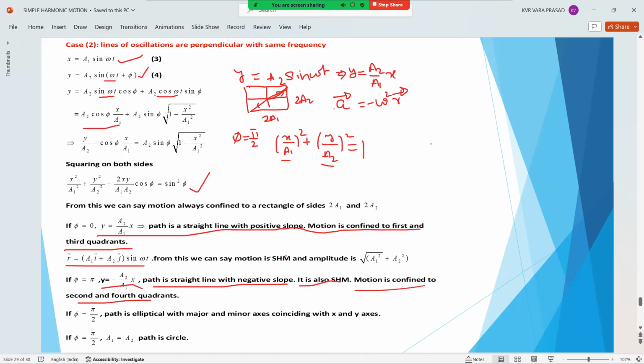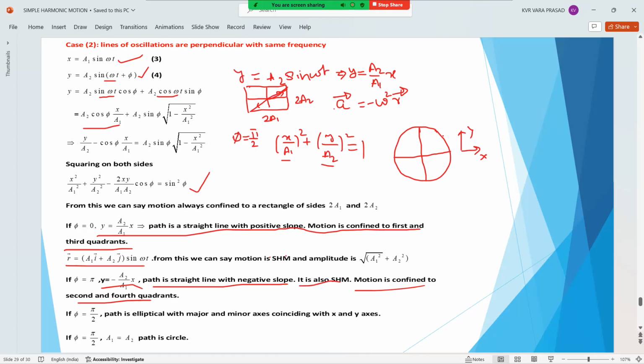See carefully here. Draw one circle here. Draw two diameters. Let us call one diameter as the x-axis and one diameter as the y-axis.